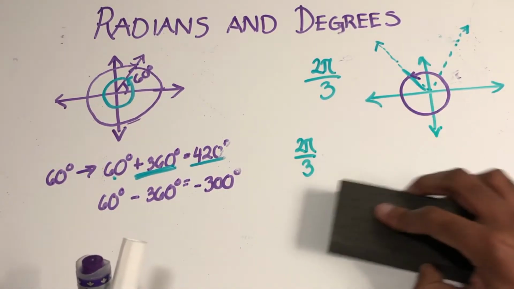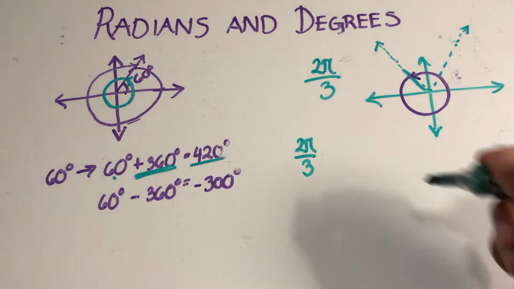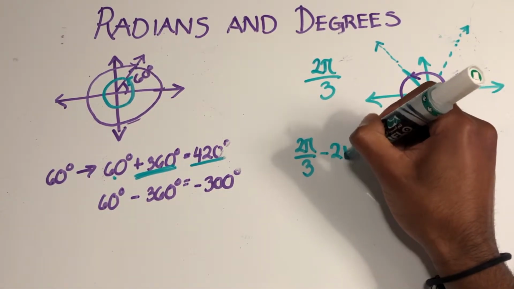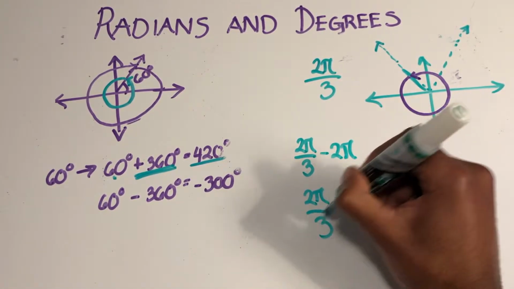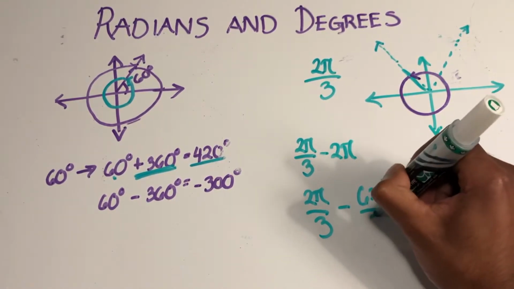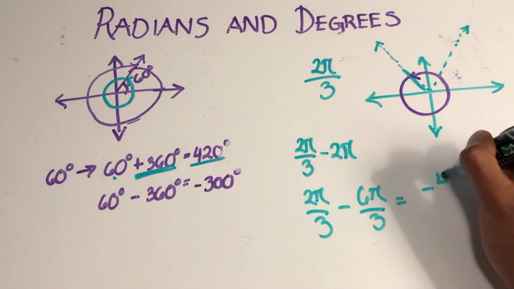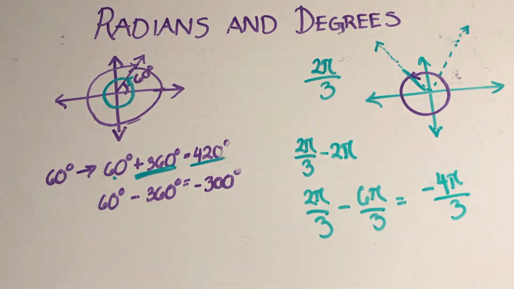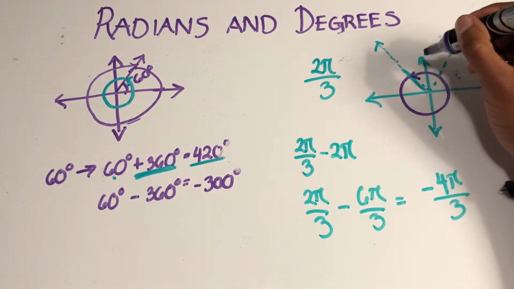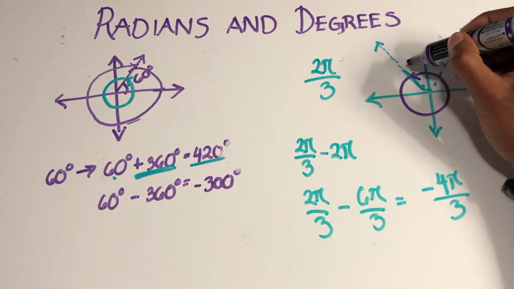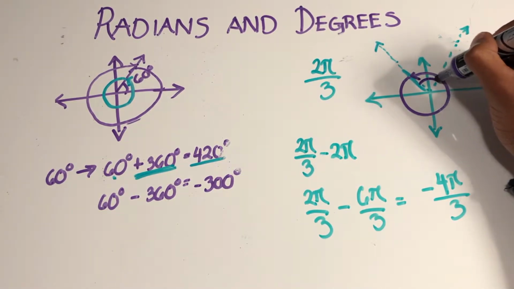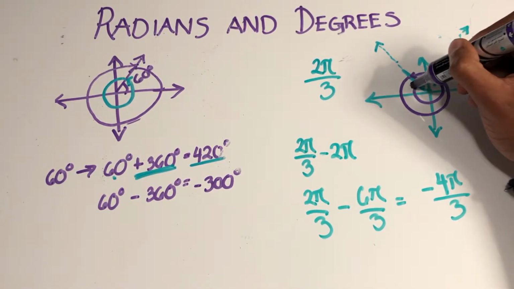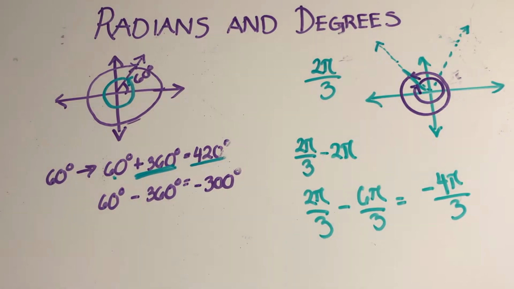Now, if you were to subtract 2 pi from 2 pi over 3, you're going to end up with negative 4 pi over 3, meaning if you go clockwise, which is in the negative direction, two pi radians, you would end up at the same position you started with.